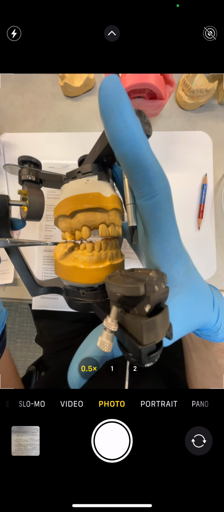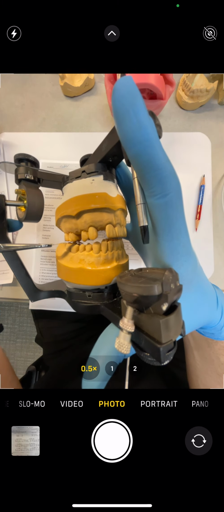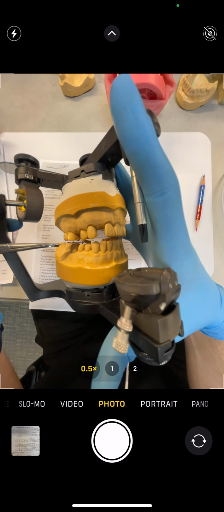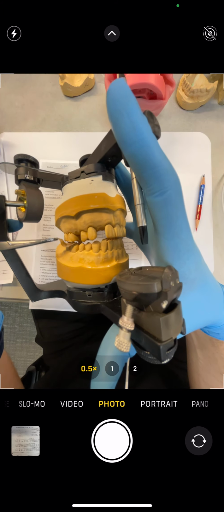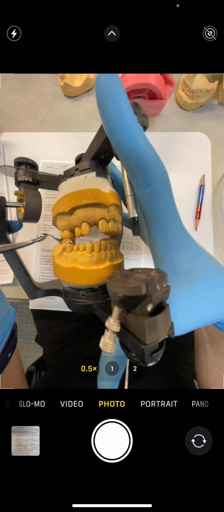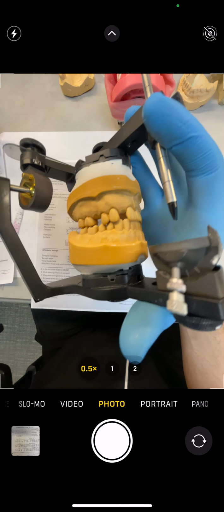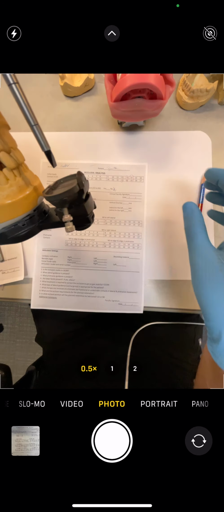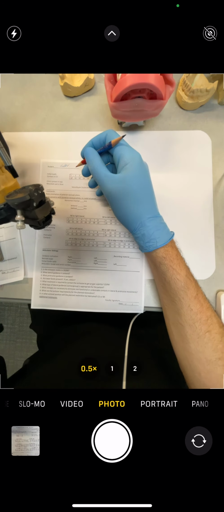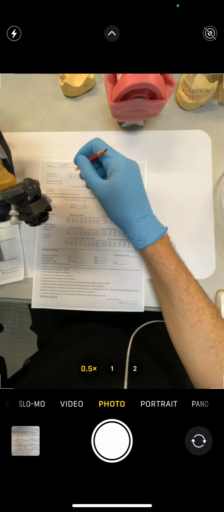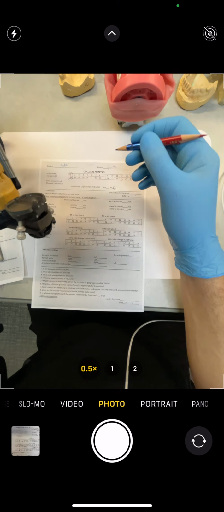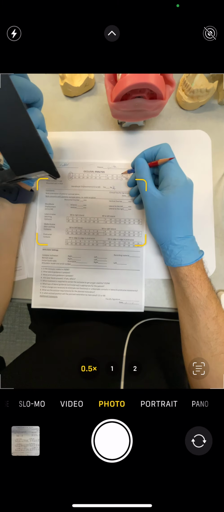This one is light. This one is light. I think this is holding as well. Up here it's holding. So in maximum intercuspation, this was holding, and the three teeth on the other side were holding.